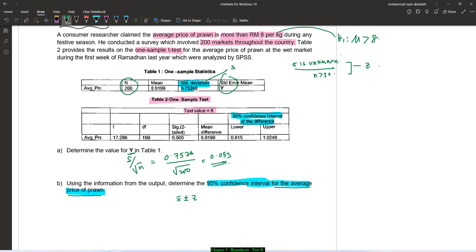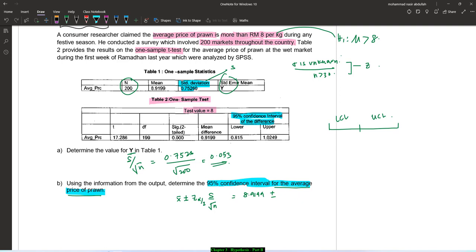So then we use Z distribution. So it should be Z alpha divided by 2. The confidence interval always has two sides, a lower confidence limit and an upper confidence limit. That's why we need to divide alpha by 2, times s over square root of n. So this one should be 8.9199 plus minus Z 0.025, right?